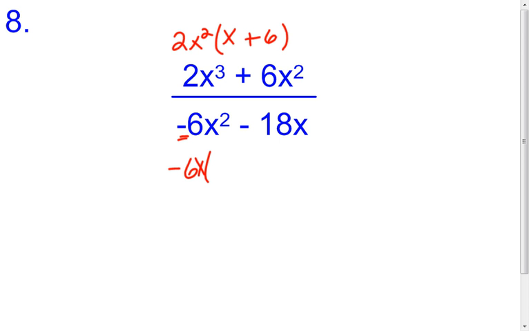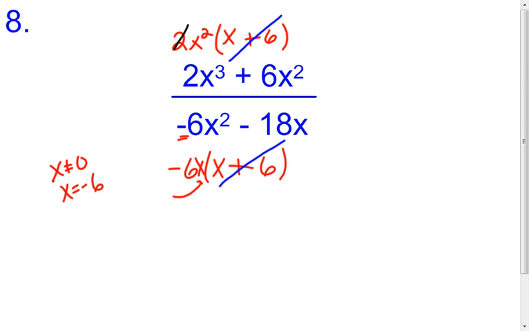And then if I pull a negative 6x times a positive x, gives me negative 6x squared. And then plus 6. Negative 6x times a positive 6 gives me negative 18. Okay? So these two will cancel each other out. And by the way, I should point out that right here, x can't be 0, and x also can't be negative 6. Okay? But those two cancel each other out.